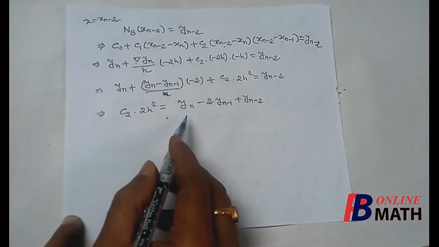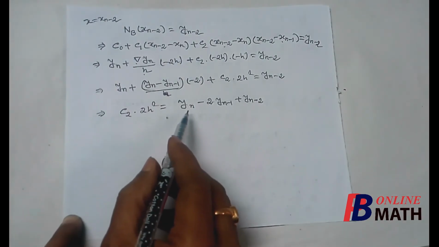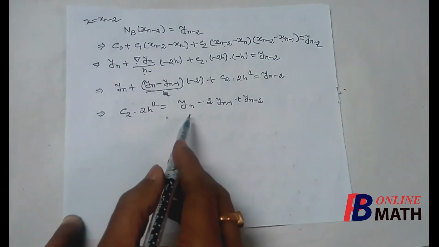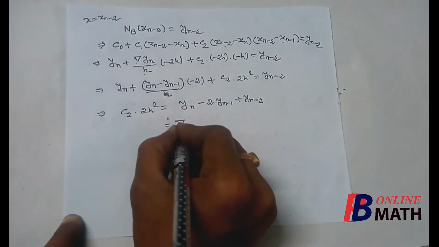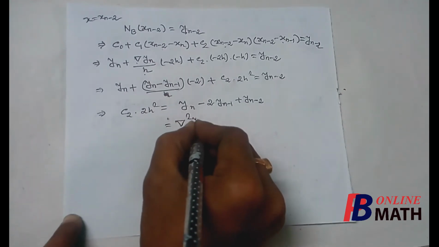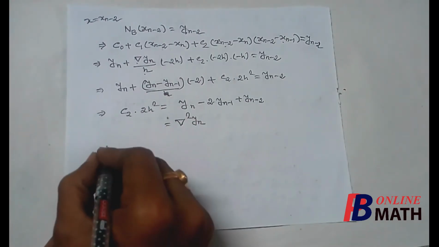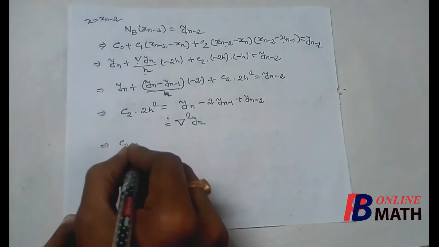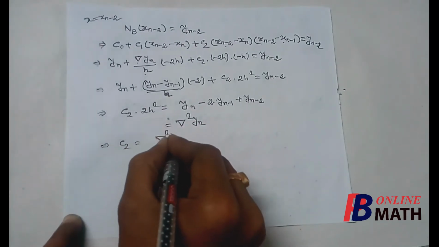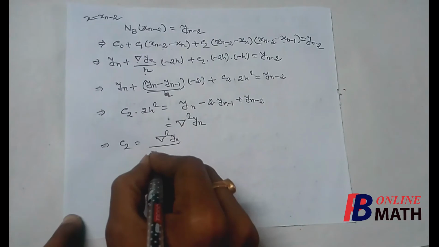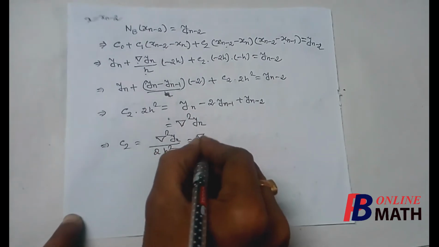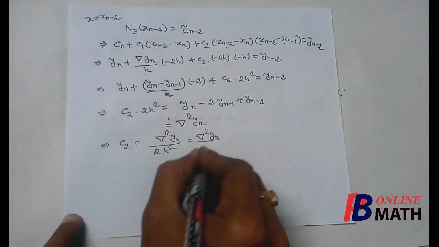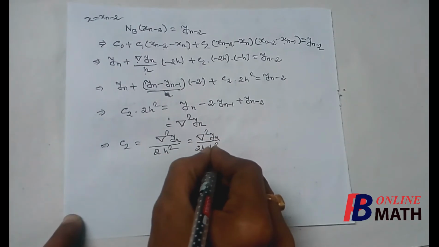Now if we use the backward difference, we find that this is nothing but the second order backward difference of yn, which can be written as backward delta square on yn. So c2 is equal to backward delta square on yn by 2h square, which can be written as backward delta square yn divided by 2 factorial into h square.